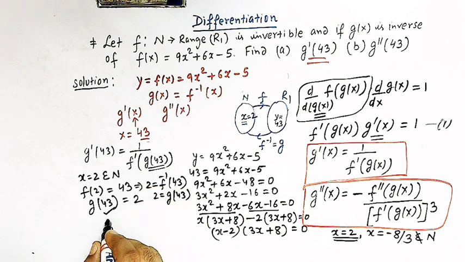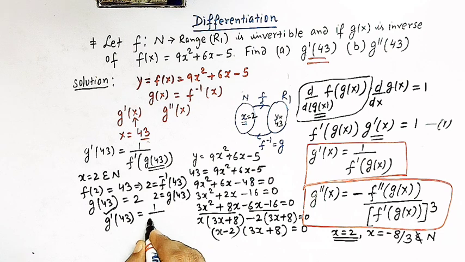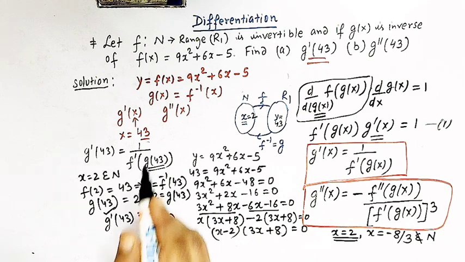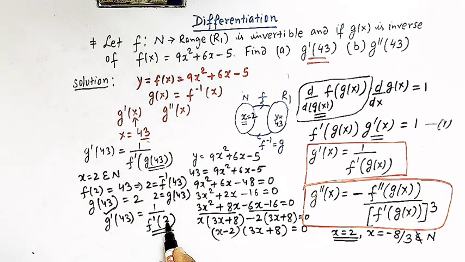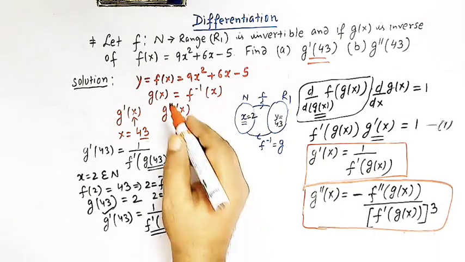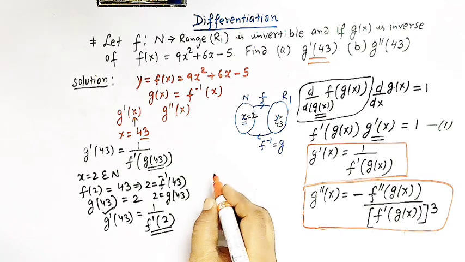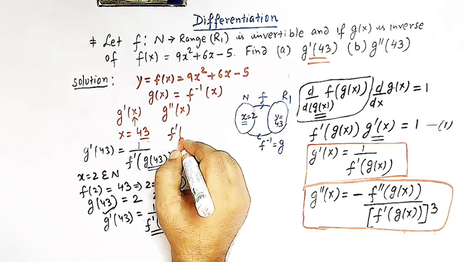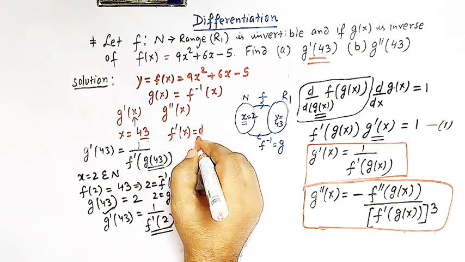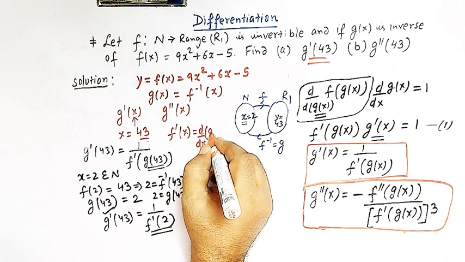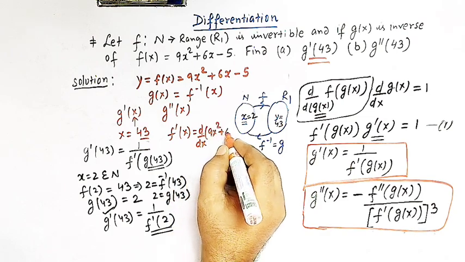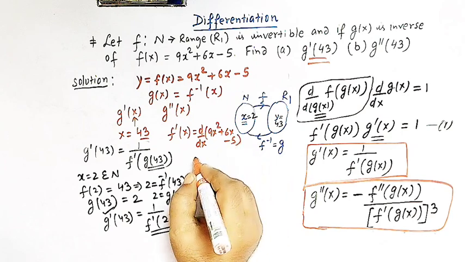So now substituting g(43) as 2, we can now write g′(43) = 1/f′(2), right? So now we have to find the derivative of f at x = 2. So let us differentiate this function. f′(x) = d/dx of (9x² + 6x − 5).